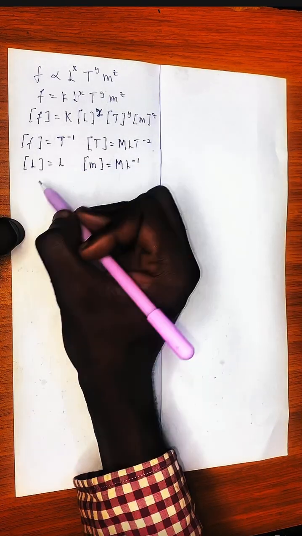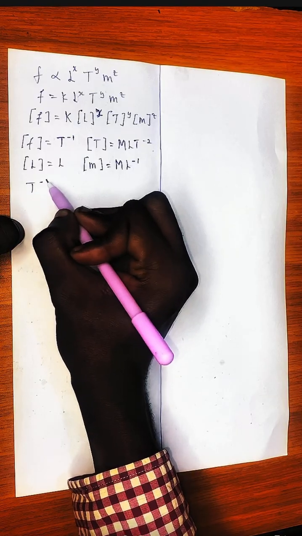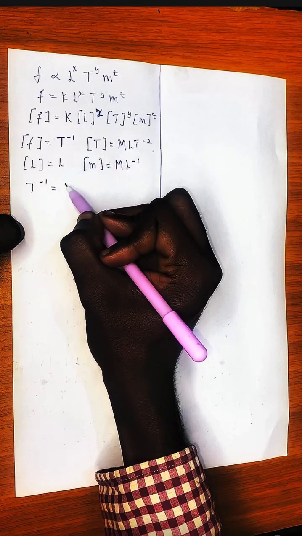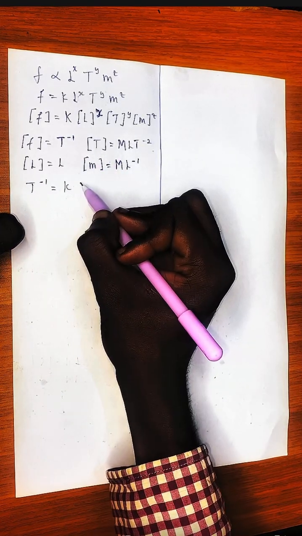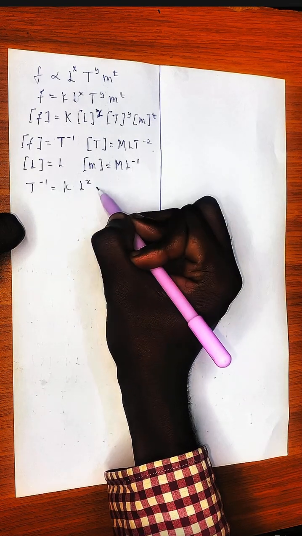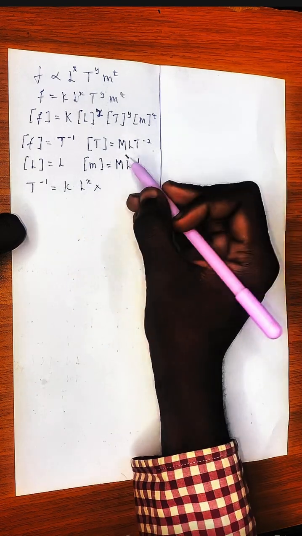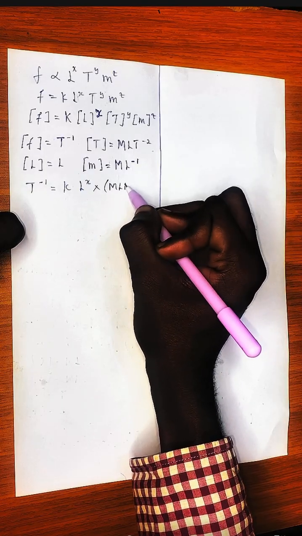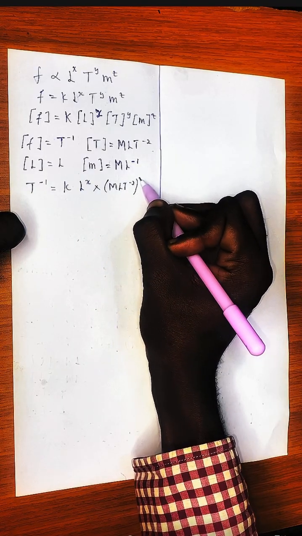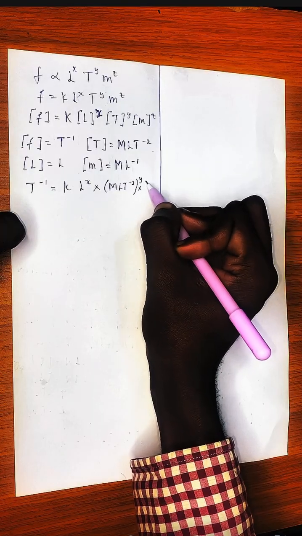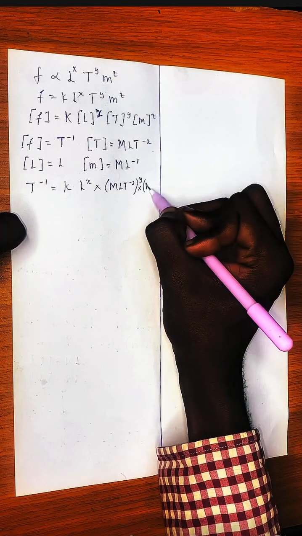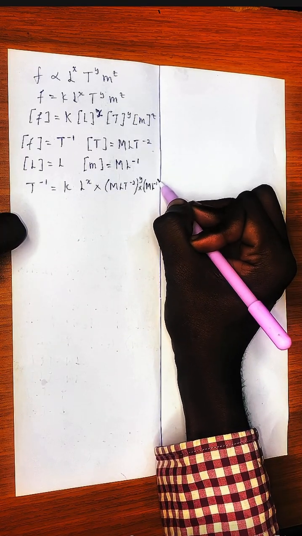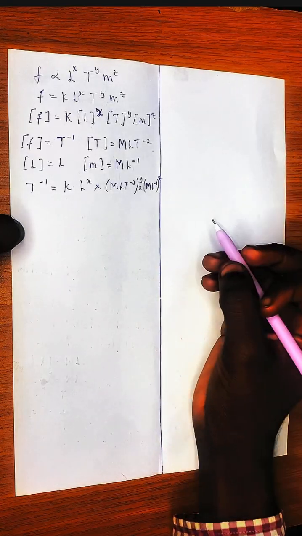So we substitute. T to the power -1 is equal to k, then L to the power x times the tension, which is MLT^-2 to the power y times ML^-1 to the power z.